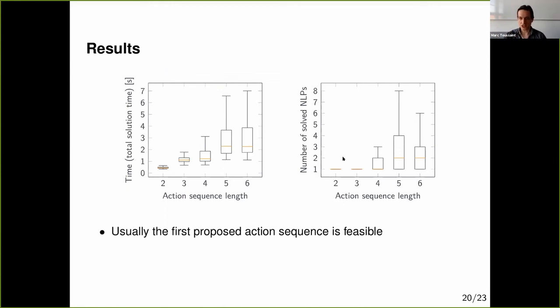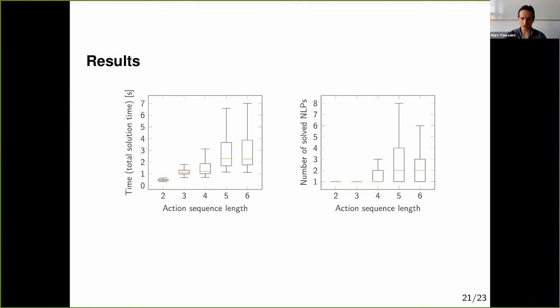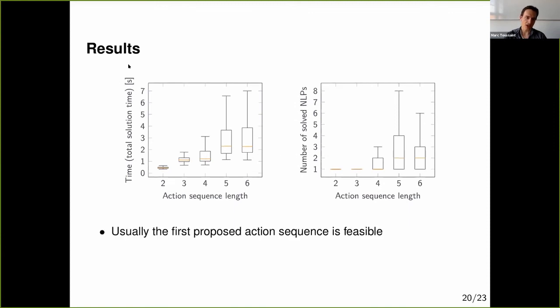For short sequences, it only needs a tiny number, and only when the sequence gets a bit longer does it have to solve maybe 6 or 7 mathematical problems, which is so much less than the hundreds of mathematical problems you would have to solve without that. And in terms of time, it's also a lot faster.